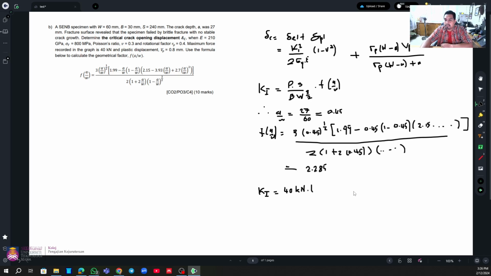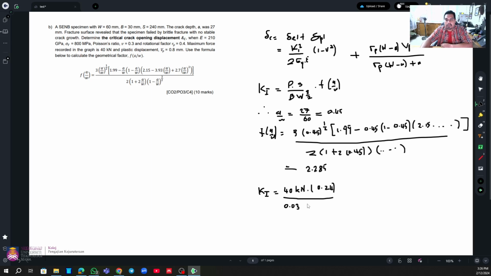Since the unit is in square root of meter, I convert into meter, so I will obtain 0.24. And then the formula is divided by the B itself, which is 30, so it's 0.03.